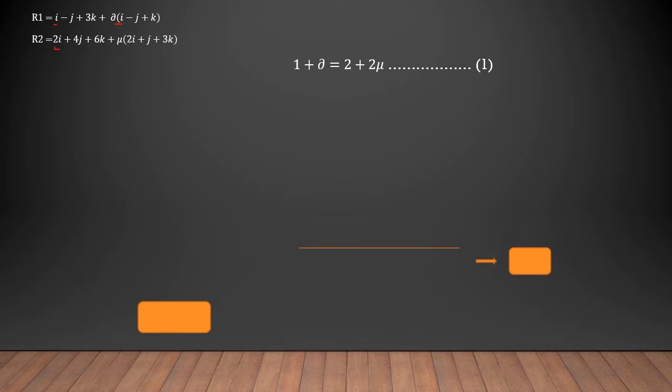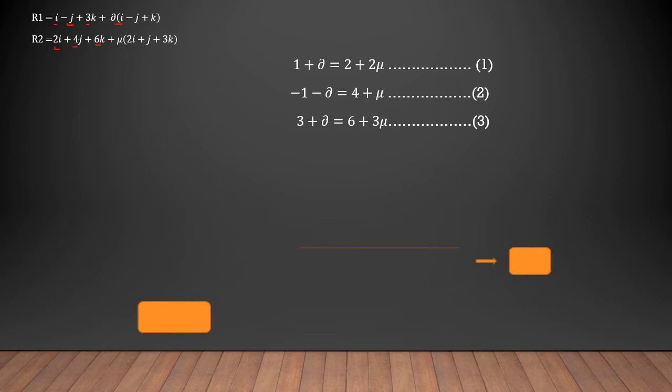We do the same for the j component, taking negative 1 minus lambda and equating it to 4 plus mu, which gives us the second equation. And the same for the third equation, we take 3 plus lambda equals 6 plus 3 mu, which gives us that. So now we have our three equations. What we're asked to find now is lambda and mu.